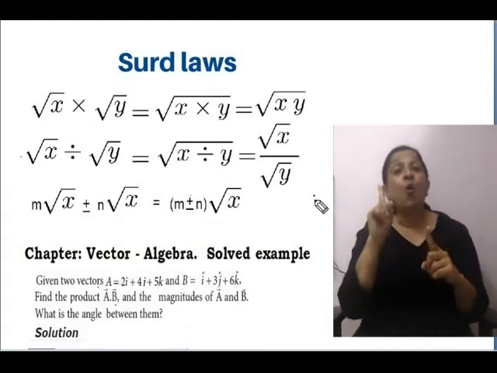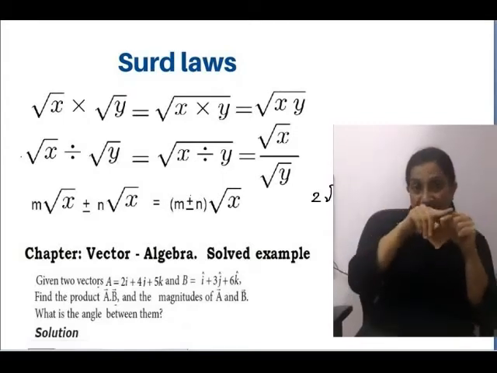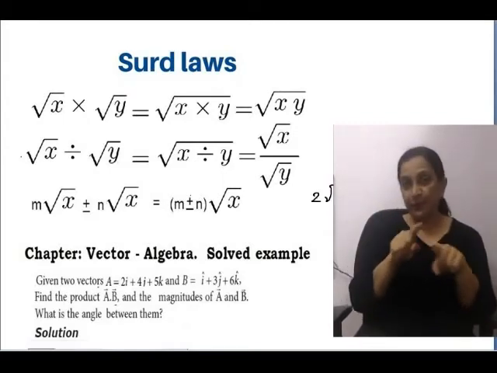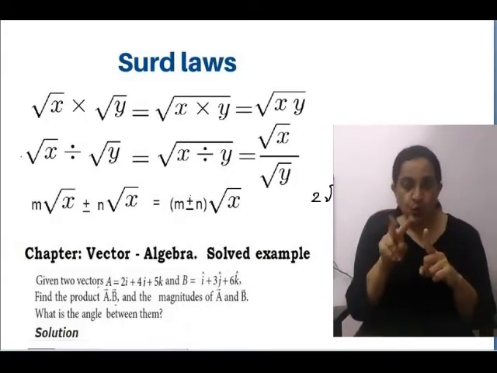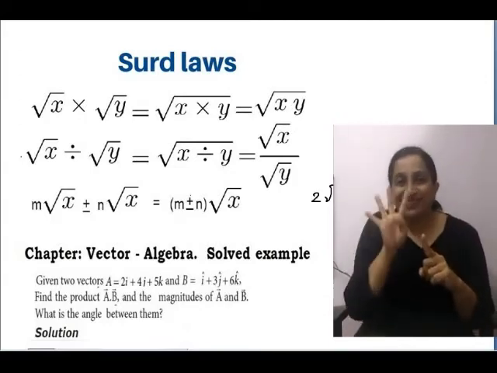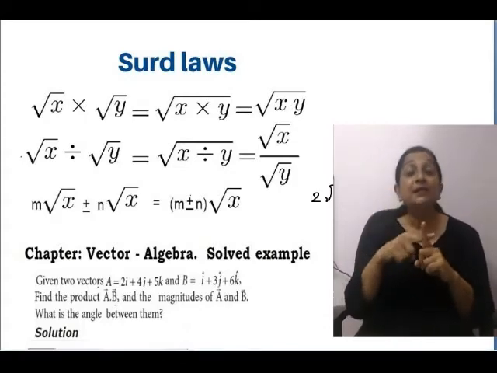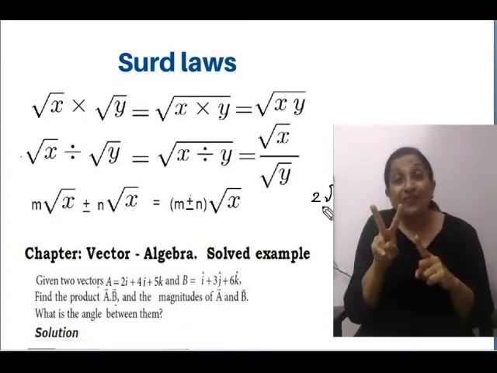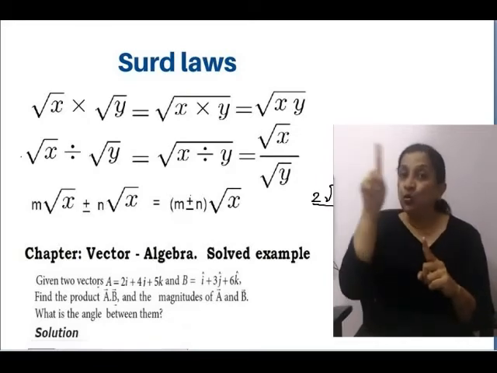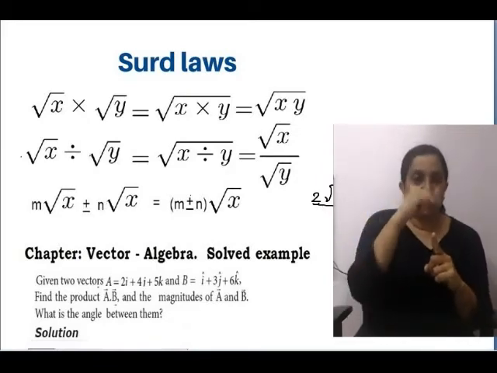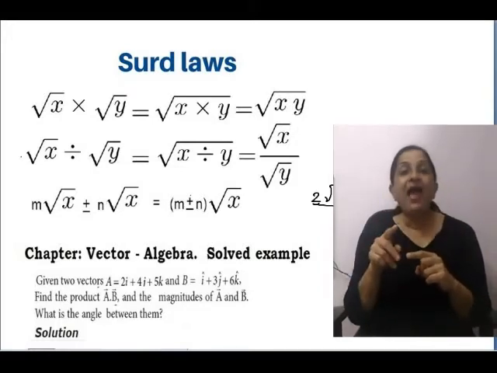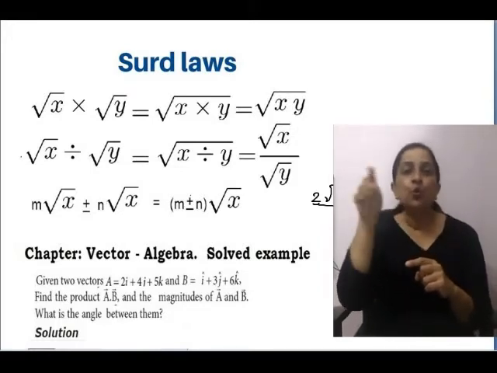Now supposing it is 2 root 3 plus 5 root 2 plus 4 root 3 plus 2 root 2, then you can add the root 3 quantity, that is 2 plus 4, 6 root 3, then the root 2 quantity, that is 7 root 2. Okay.